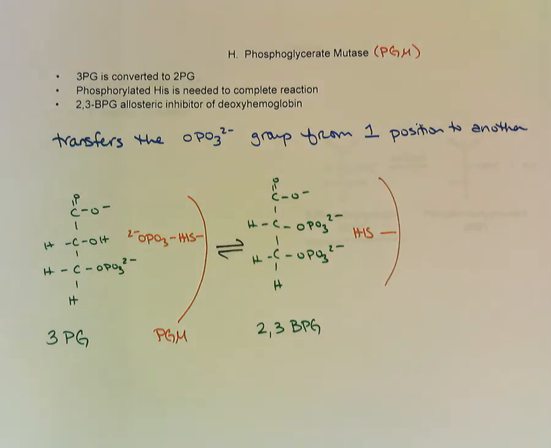So I had 3-PG. Now I have 2,3-BPG. Where have we run into 2,3-BPG before? Hemoglobin.